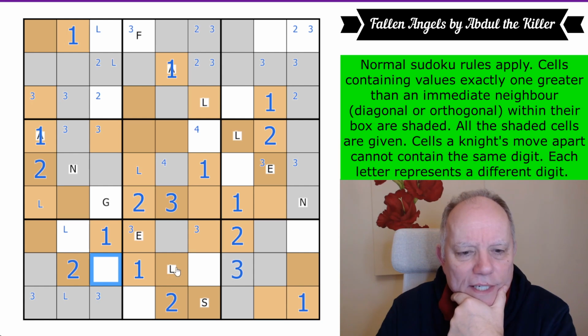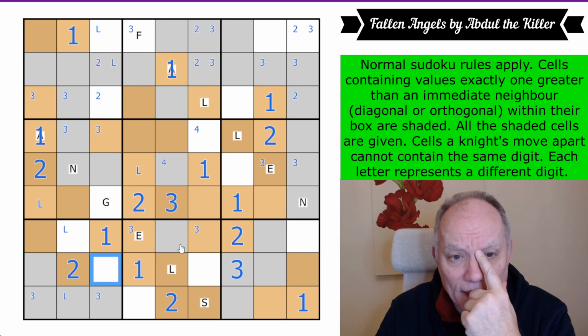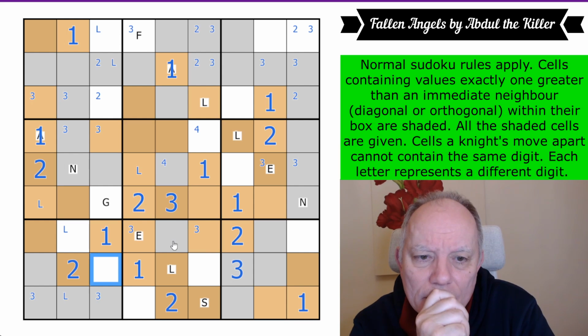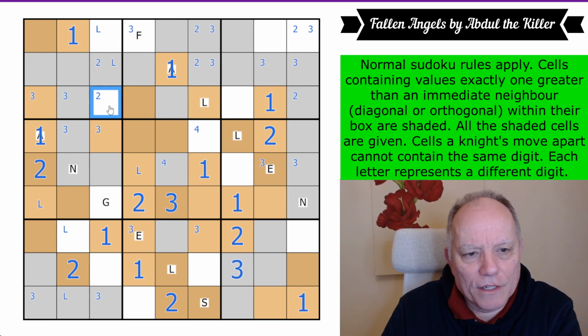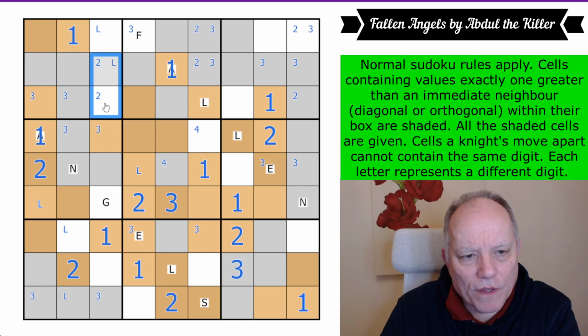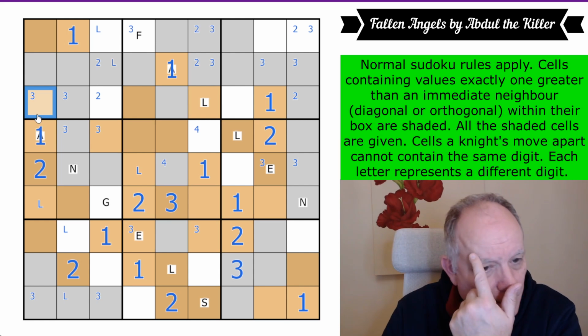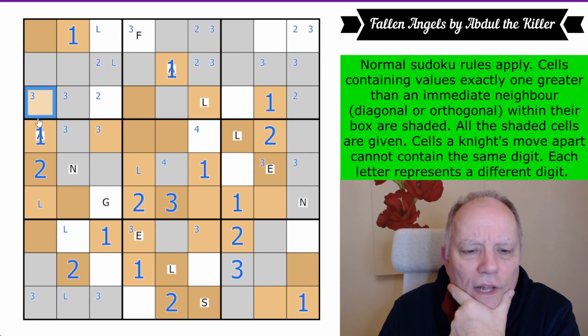Picking away at cells one by one, it's frustrating because it doesn't really help. That was interesting about 3 and 2. Now, if that's 3, one of those is 2. This is white. I really haven't restricted 4s much, have I?